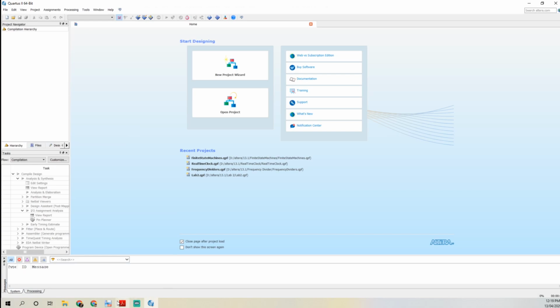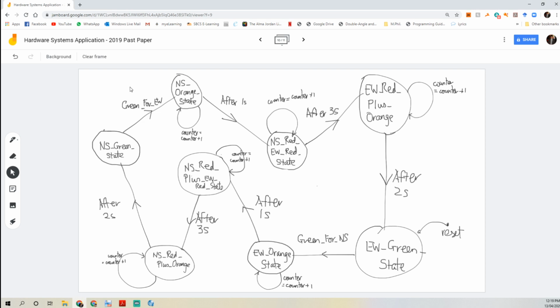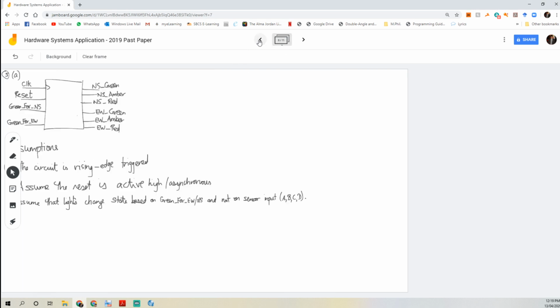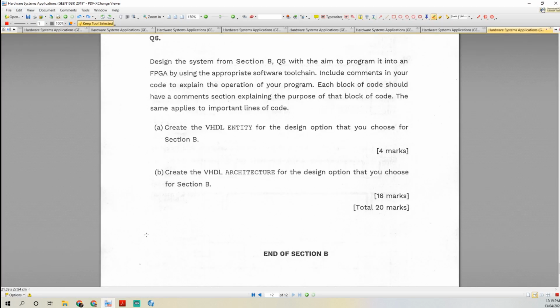Okay, so we are now required to design the system from section B, question 5. Of course, that system refers to the thing that's operating on this state machine, as well as the entity defined by this, with the aim to program it into an FPGA by using the appropriate software toolchain.